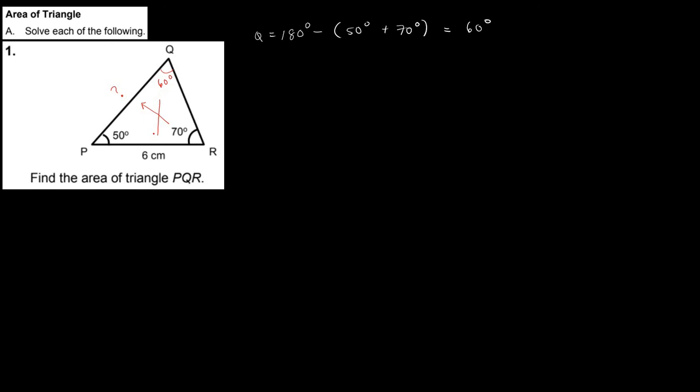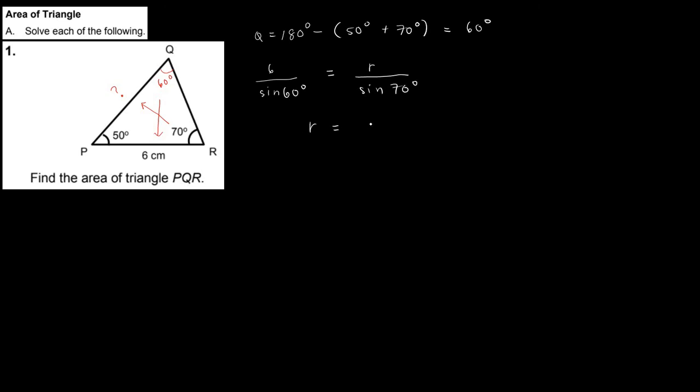And the opposite side is 6 cm. Here we can use the sine rule. 6 cm over sine 60 degrees equals the length of R over sine 70.